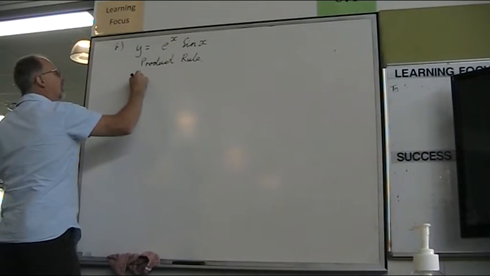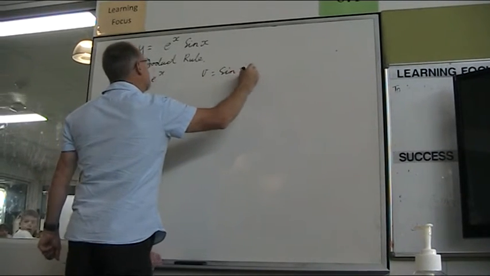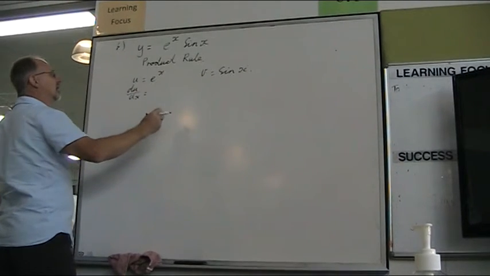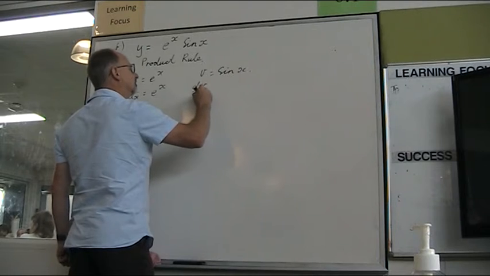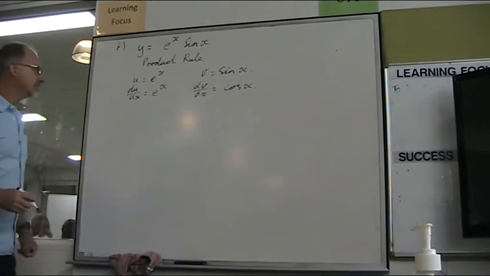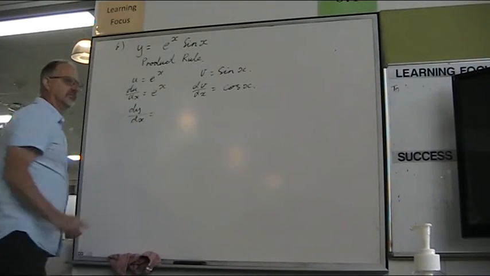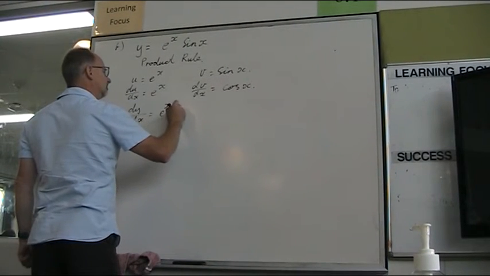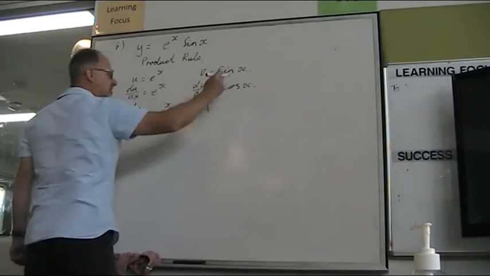So I'm going to go u equals e to the x, v equals sine x, du dx equals e to the x, and dv dx is cos x. So dy dx then is e to the x times cos x plus e to the x times sine x.